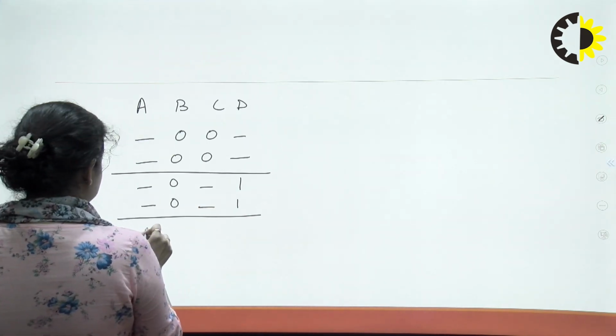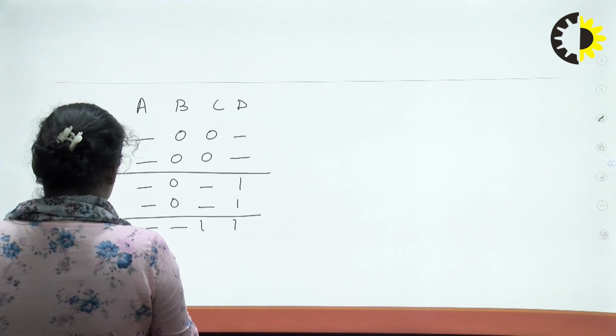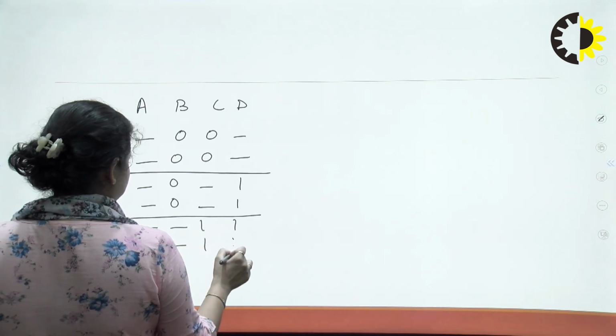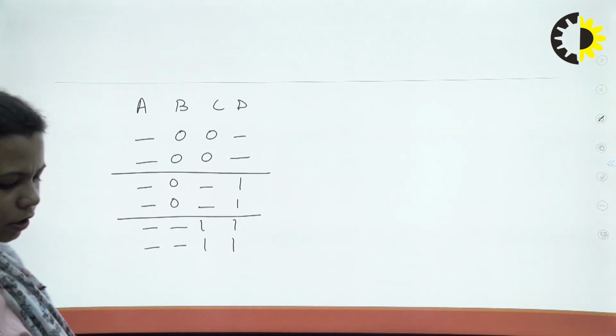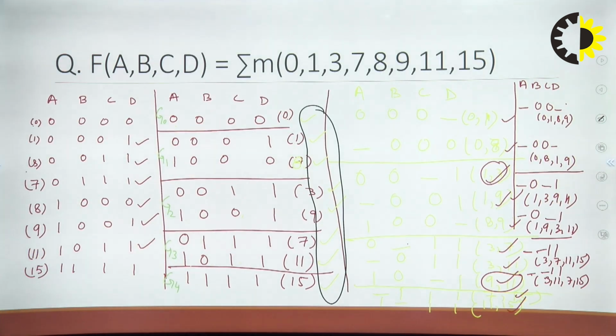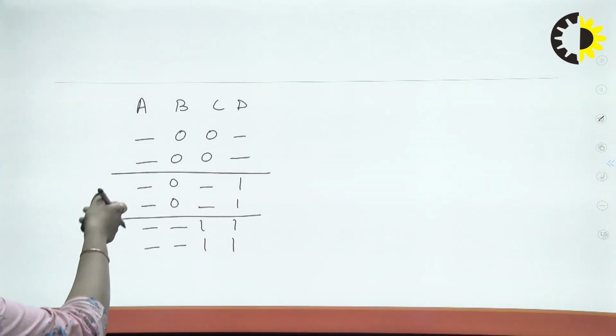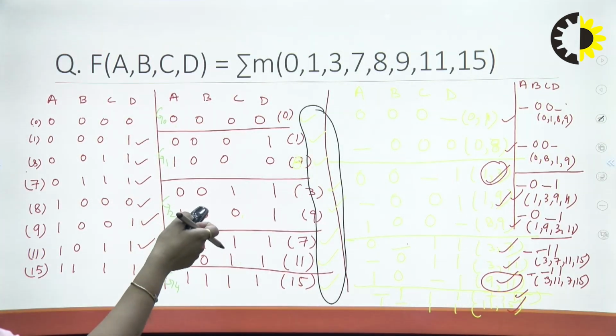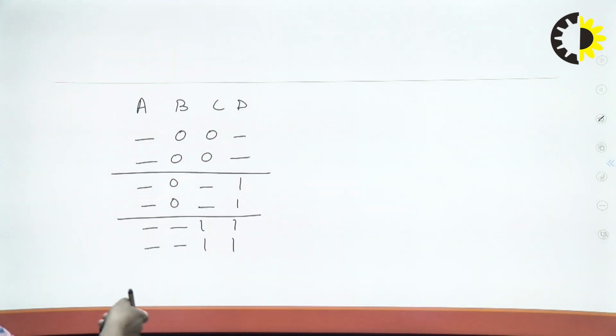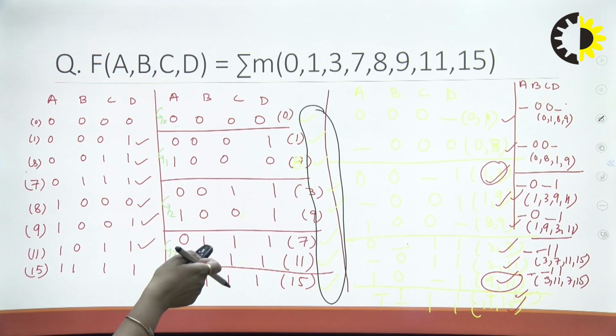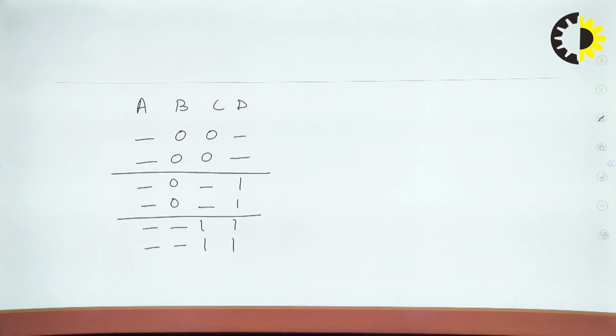And then you will be getting dash 1 1 dash... Same answer you got. Let me just check. So dash 0 0 dash, right? In the next you have got dash 0 dash 1. So dash 0 dash 1. Last one you are getting dash dash 1 1. So dash dash 1 1, right?